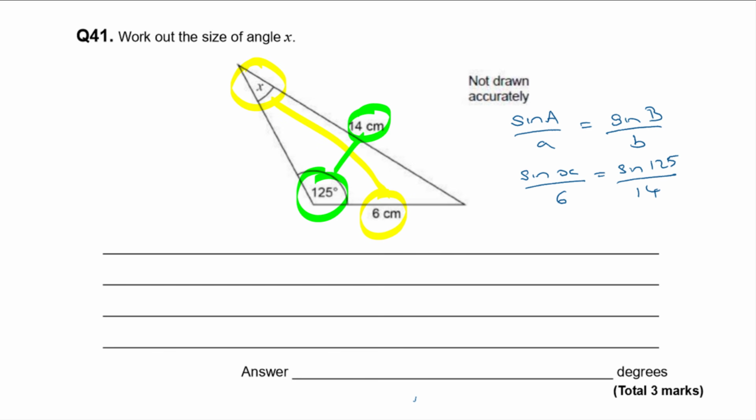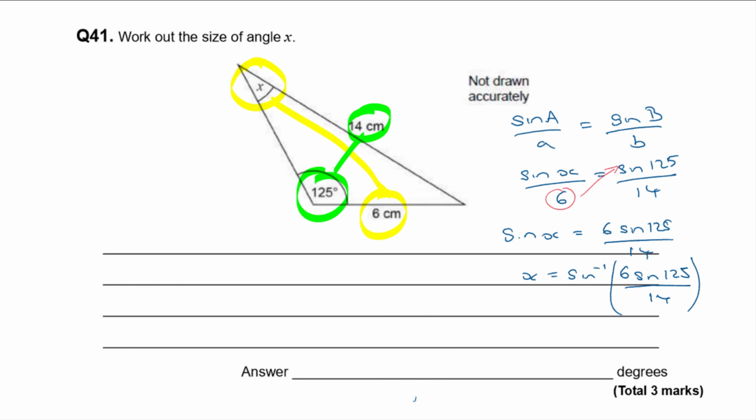Now I want to get x on its own, so I'm going to rearrange. We're just going to cross multiply that 6 up there. So sine x is equal to 6 sine 125 over 14. And so x is going to be the inverse sine of that, so the inverse sine of 6 sine 125 over 14.